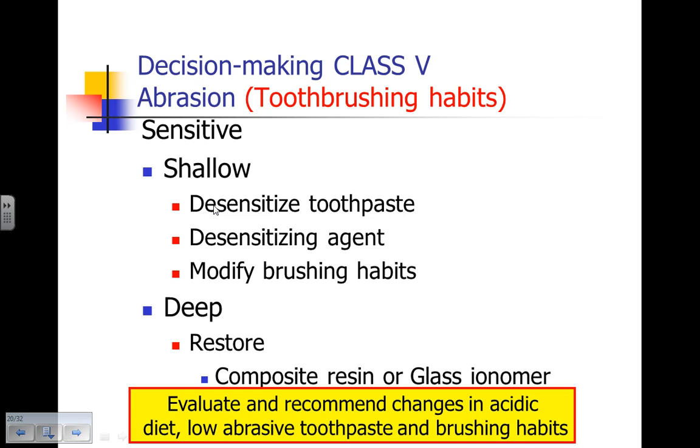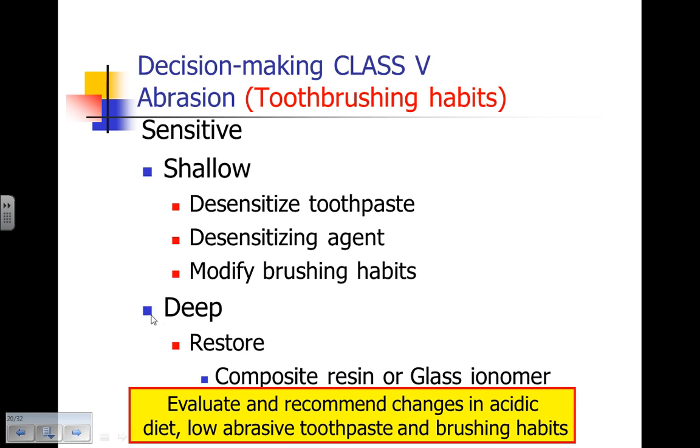When we see the abrasion and now the teeth are sensitive, whether they be shallow or deep, we're going to be more aggressive in what we're recommending. Besides changing a toothpaste to a desensitizing toothpaste, we may consider using a desensitizing agent. We may modify patients' brushing habits, going to a mechanical toothbrush instead of long, broad strokes, with a rotary toothbrush.